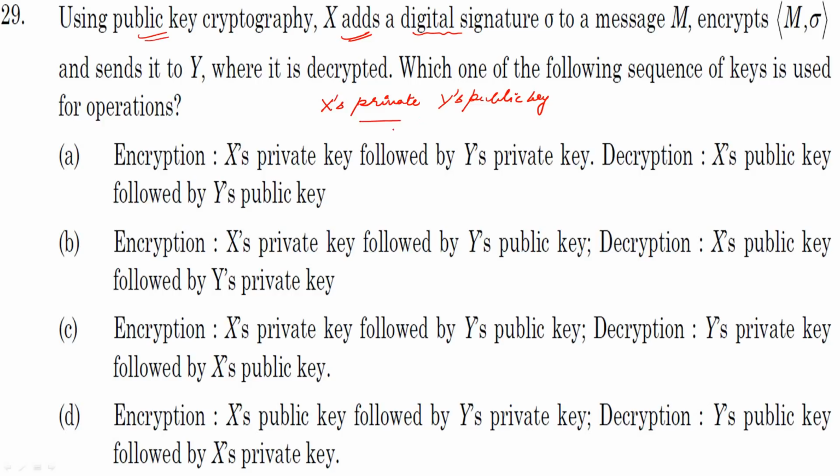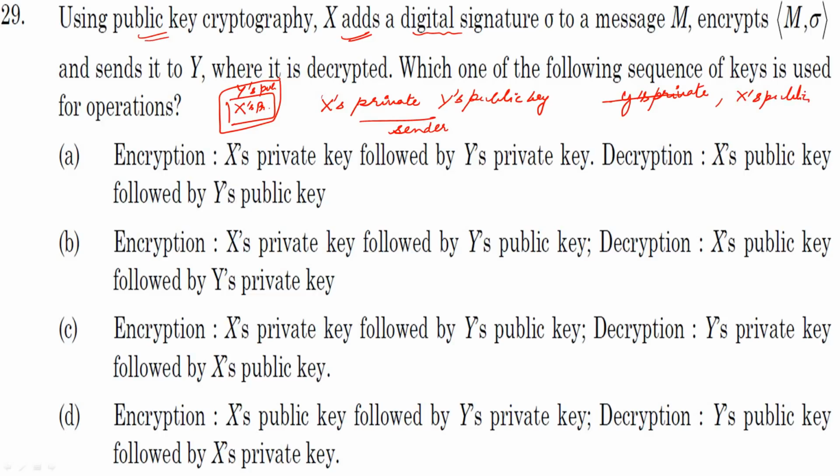Okay, this is at the sender side. At the receiver side, it is like X's private key is covered by Y's public key. So first the outer cover has to be removed. So Y should be using its private key first, and then after the outer cover has been removed, it would be using X's public key.